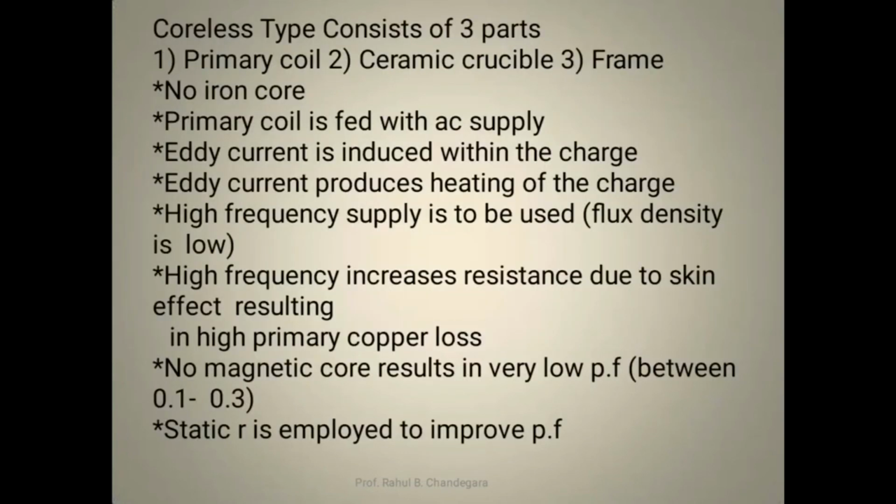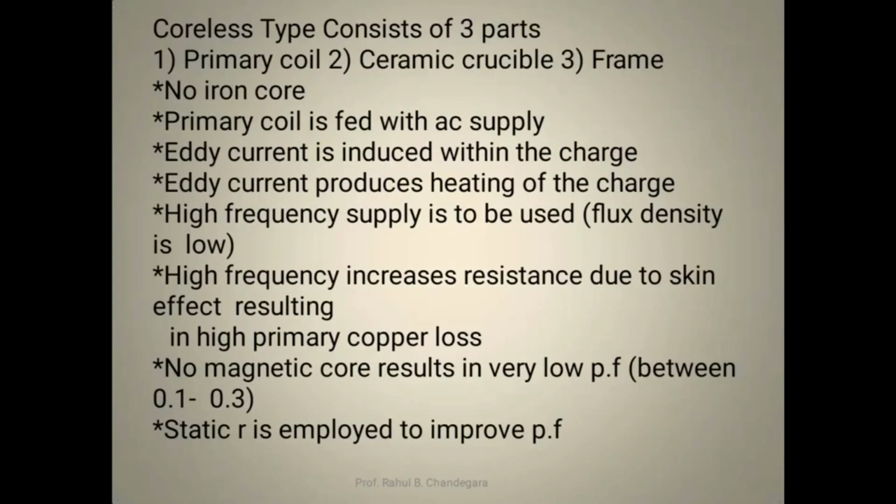The coreless type consists of three parts: primary coil, ceramic crucible, and frame. There is no iron core, and the primary coil is fed with AC supply. Eddy current is induced within the charge. Eddy current produces heating of the charge. High frequency supply is to be used, and the flux density is very low. High frequency increases resistance due to the skin effect, resulting in high primary copper loss.